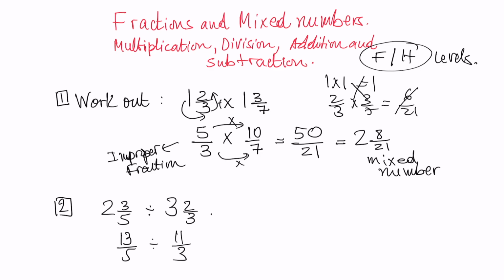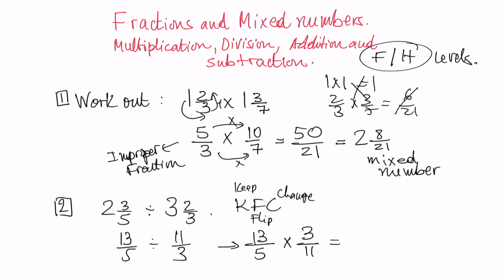We can do division as multiplication because multiplication is easy. So what you have to do, we're going to apply the method that's called KFC. Keep, flip, change. So you keep the first fraction as it is, and we flip the second fraction and change divide to multiply, and then multiply numerator by numerator and denominator by denominator.